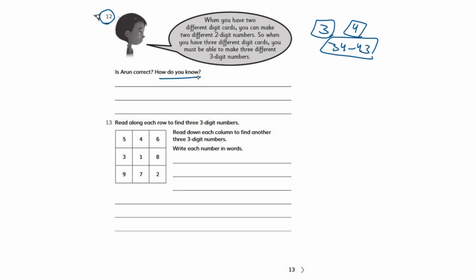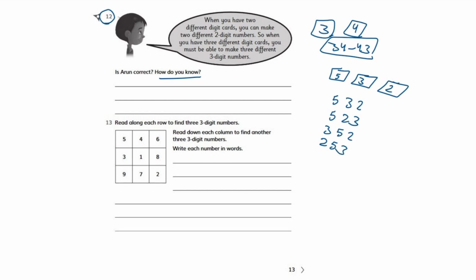Yes, Arun is correct. We can even make more than three digit numbers. Because, for example, if you have three digit cards, let's choose 5, 3, and 2. The first number that we can make is 532. The second number we can make is 523. Then 352, 253.